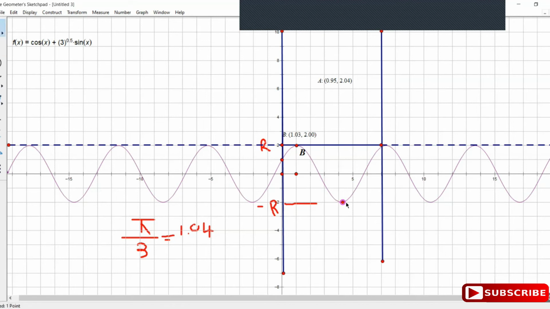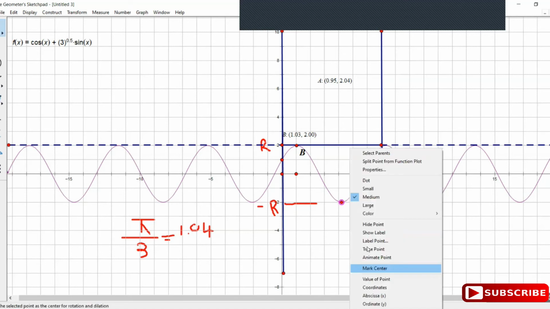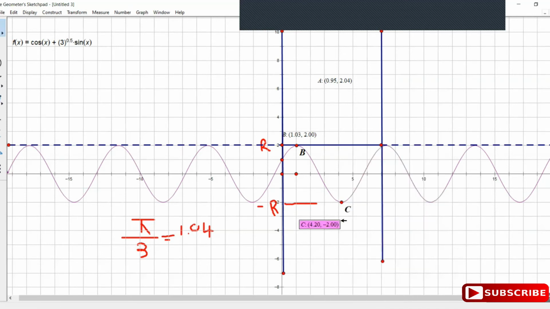Now let's see the x coordinate for this. 4.20, minus 2. That's the x coordinate when the minimum occurs. Remember, we said the minimum occurs at 4 pi by 3. This was the x value we said the minimum occurs.